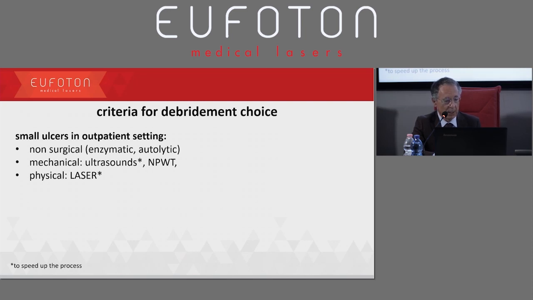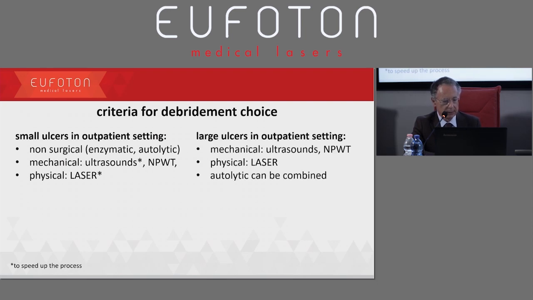We can use the enzymatic or autolytic system, also the mechanical system with ultrasounds and NPWT, or the laser, which can be done in our studio if the ulcer is not wide or extended. If there are large ulcers, we can use, once again, a mechanical debridement, the laser.